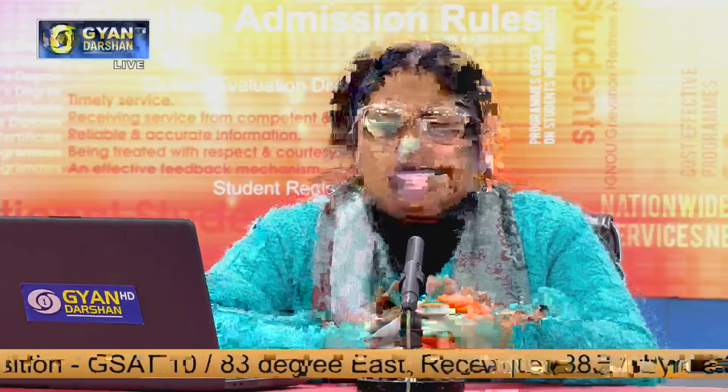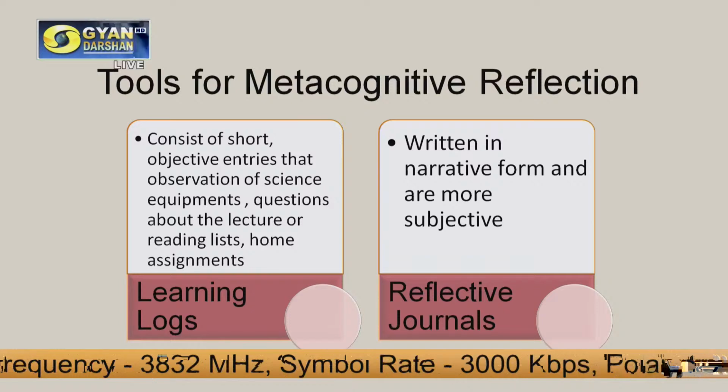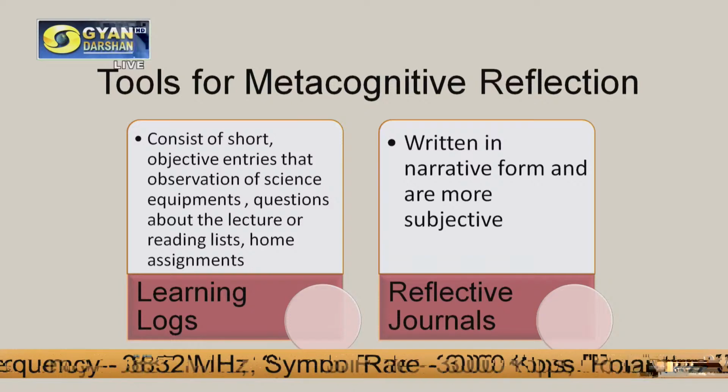Now the question may arise, what tools do I have to use in order to develop metacognitive skills in learners? There, the two tools I'm going to introduce are learning logs and reflective journals. What do we mean by learning logs?